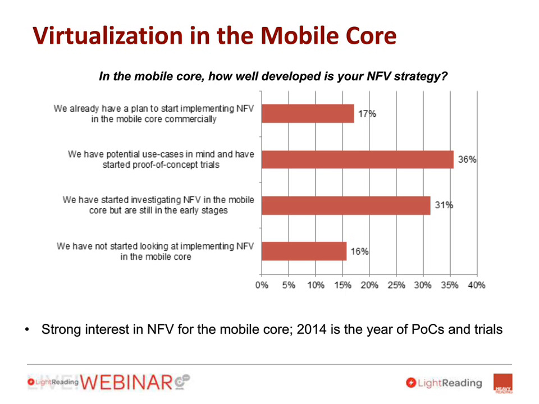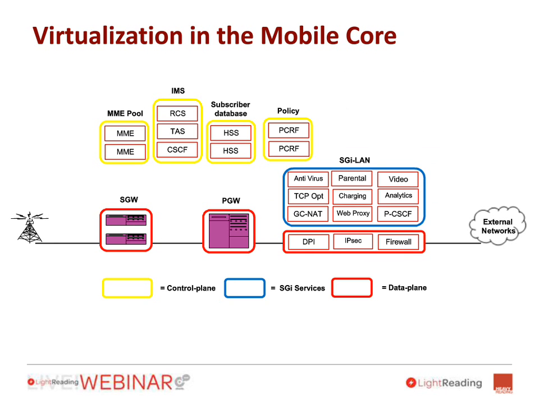So with that, I'll move on to the next slide. One of the questions is, in the mobile core in general, where do you start? I've just done a high-level categorization here, split into 3 categories. The first is what you might call the control plane nodes. They are circled in yellow here. These seem in many ways an obvious place to start.